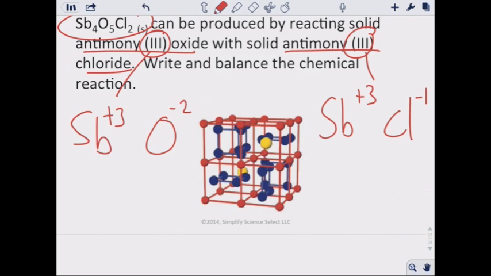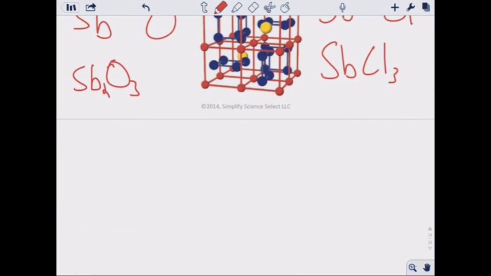Chlorine has a -1 because it's in group 17. So we crisscross, and we get Sb2O3 and SbCl3. Now those are reactants, so we write it out.